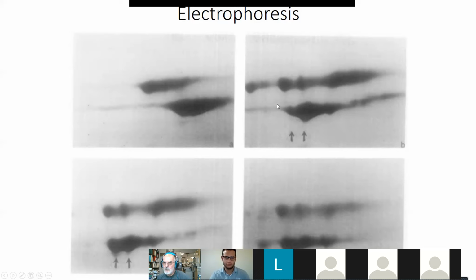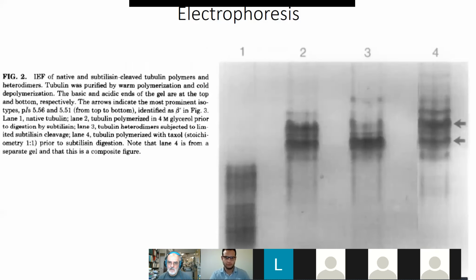Tubulin was unusual because if you really ran a high resolution gel done at its best, there are more than 30 bands here in a pH range of something like 0.3 or 0.4. And so the resolution of 30 bands was really difficult. You had to really put a high concentration on the gel, and you really had to have great gradients to be able to resolve this.